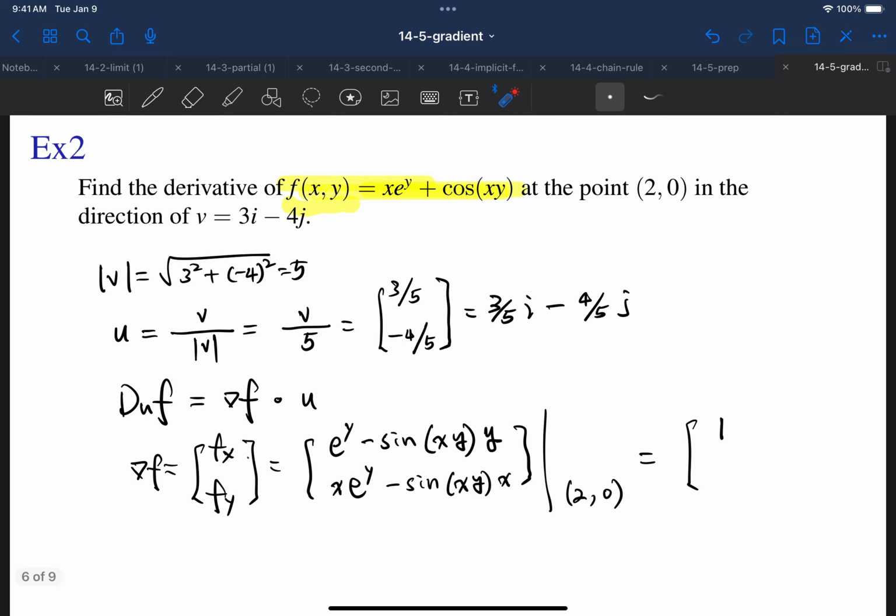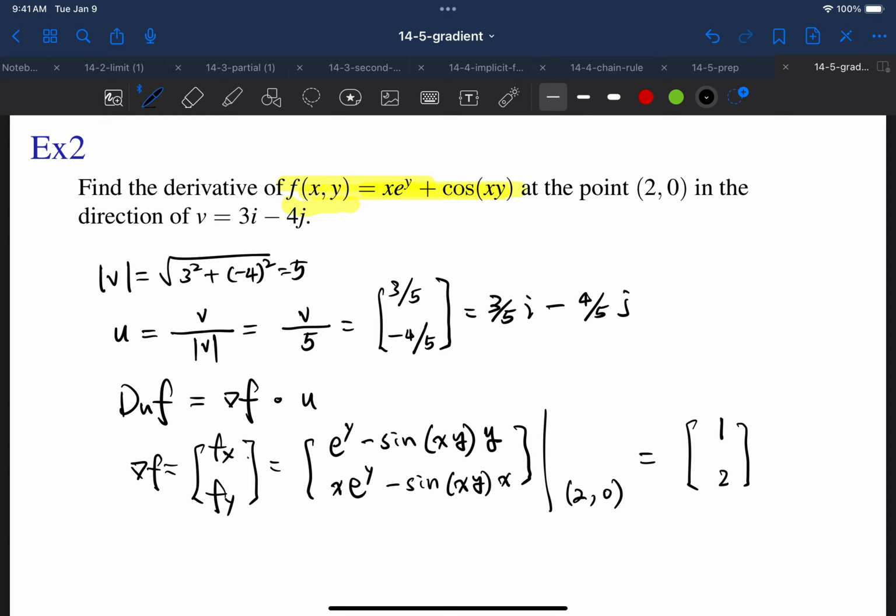The second line: when I put in 2 times e to the 0, which is 2, minus the whole thing, because sine of 2 times 0 is 0, the whole thing is 0. So the first term gives you 2 only.